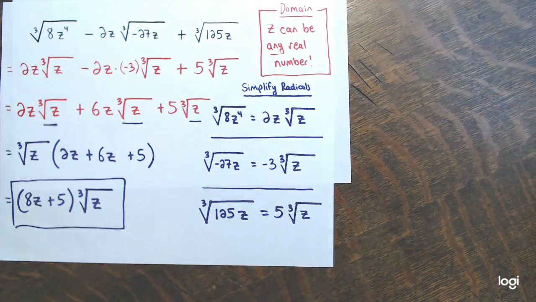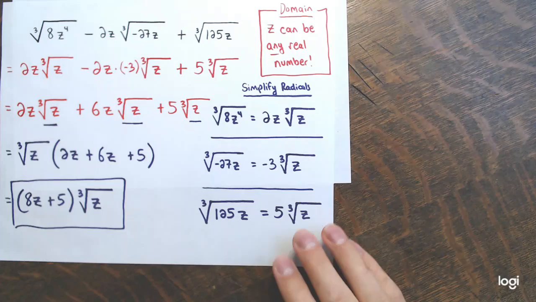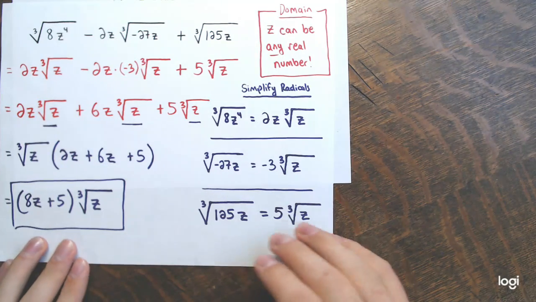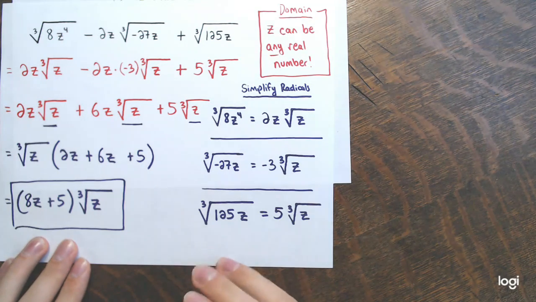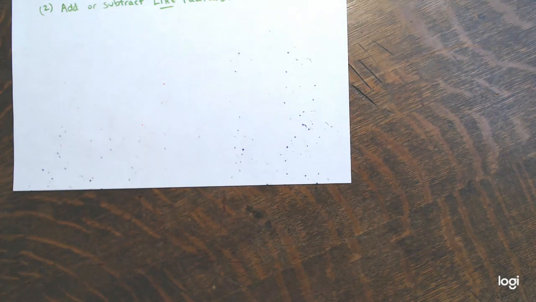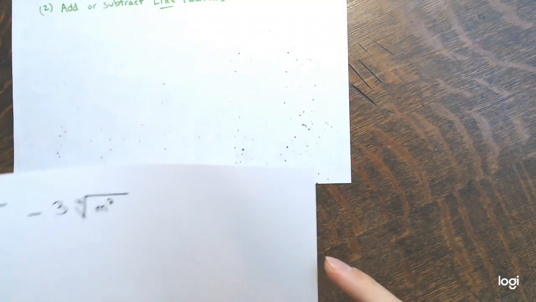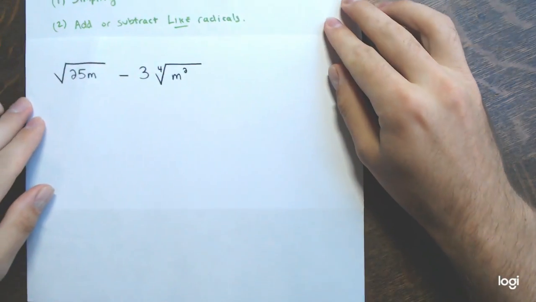I have one more example. So far, in every example we've seen up till now, every single radical had the same index. They were all cube roots, or all square roots, or all fourth roots, and so on. In this last example, I have some radicals that don't have the same index.